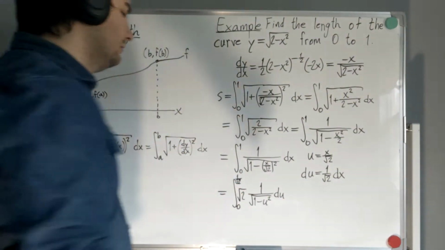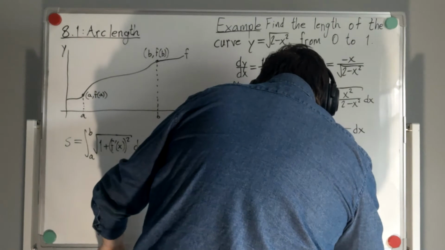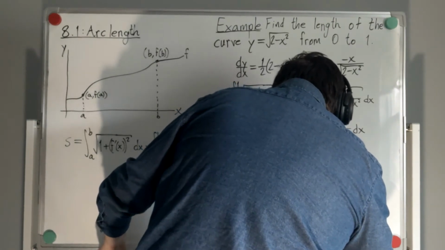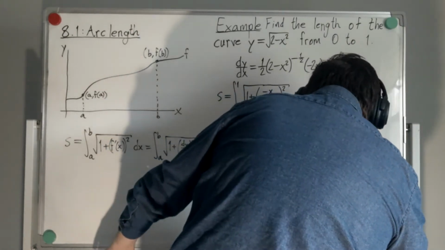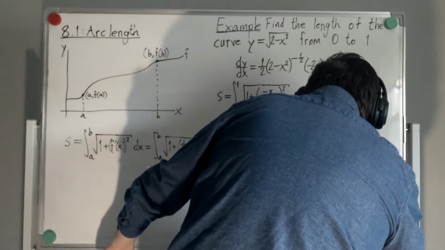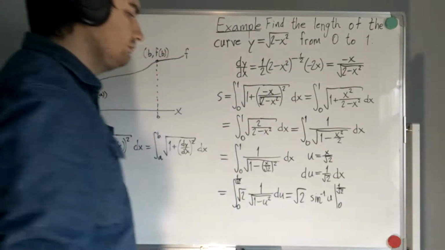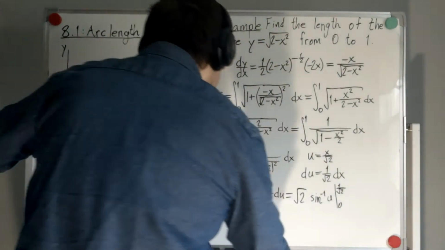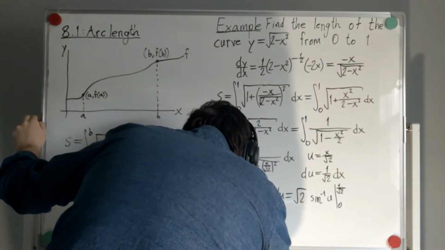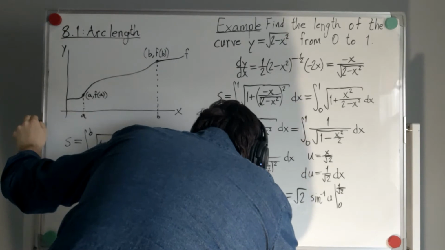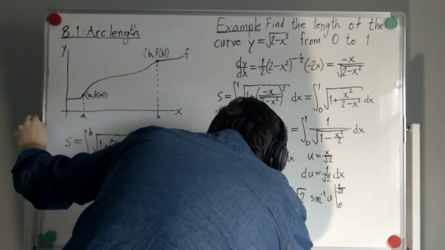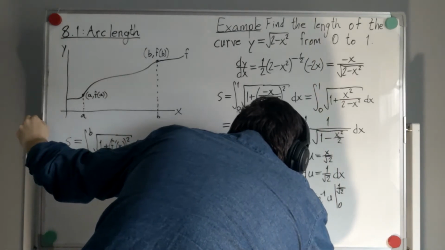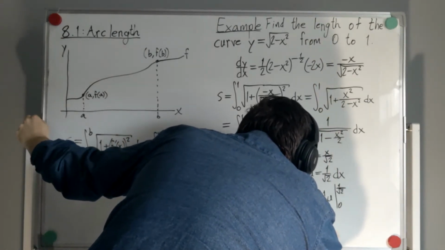And then this is just square root of 2 times arcsine u, evaluated from 0 up to 1 over root 2. By definition, that just means root 2 arcsine of 1 over root 2 minus root 2 arcsine of 0.